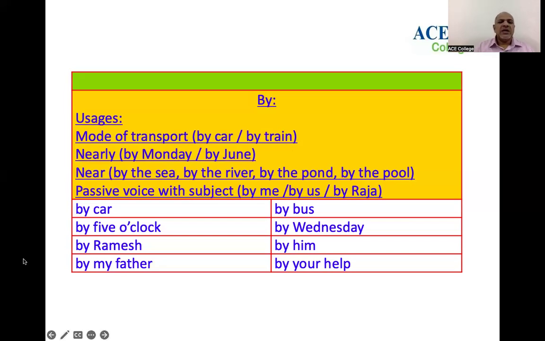By June. Right, in the passive voice, the subject and verb you bring into the object place. We will discuss later. When you are changing the subject into the object, you have to add "by".